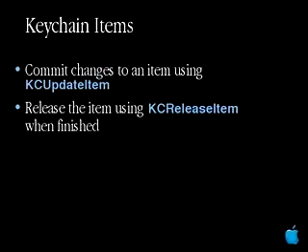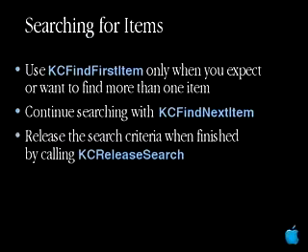When you've changed an item, whether you've added new attributes to it or changed them or changed the data, you'll want to call updateItem, which actually commits the change and writes it to the keychain. And finally, when you're done with an item, you can release the memory that the item occupies by calling KC release item. If you need to find more than one item in the keychain, you can use find first item and find next item.